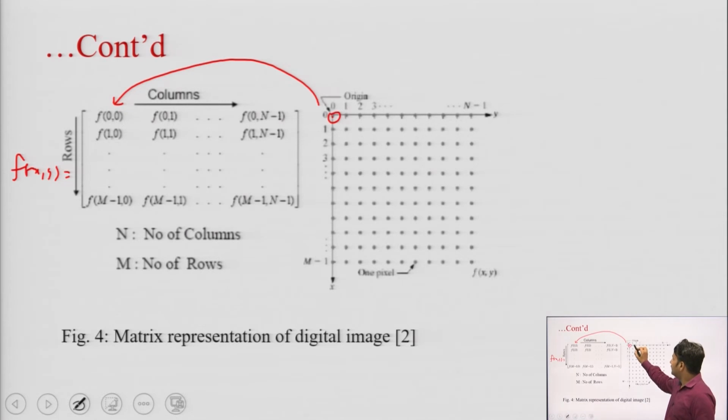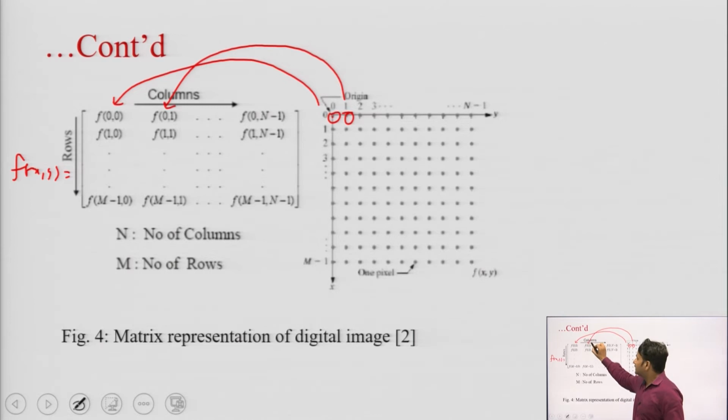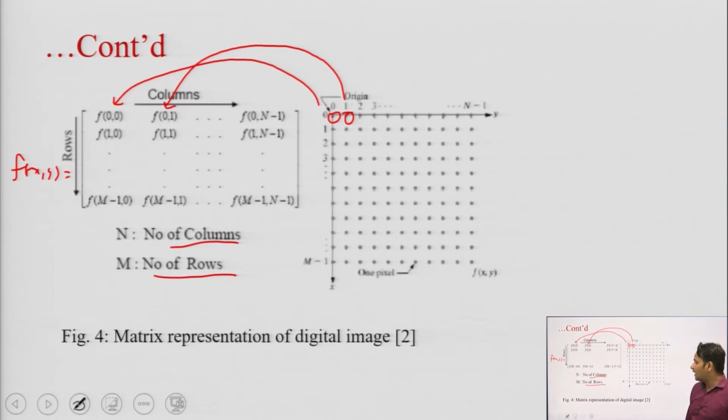If we have the 0,1 pixel, then it is f(0,1). Column wise it is the x axis, and row wise it is the y axis. So, the number of columns and rows you can mark in this manner. Each and every dot represents a single pixel. Okay.